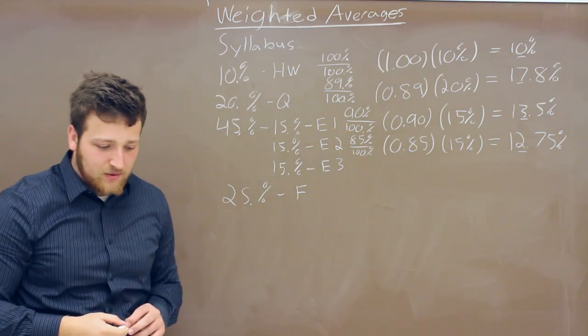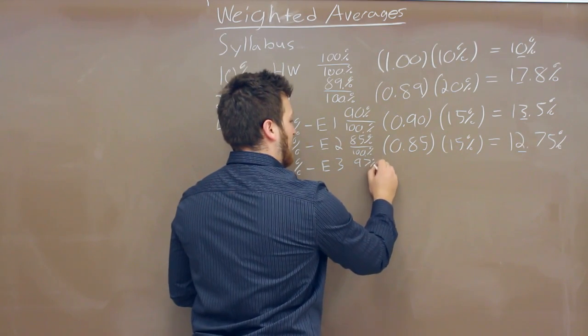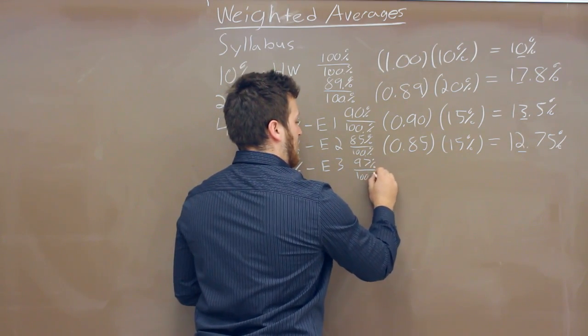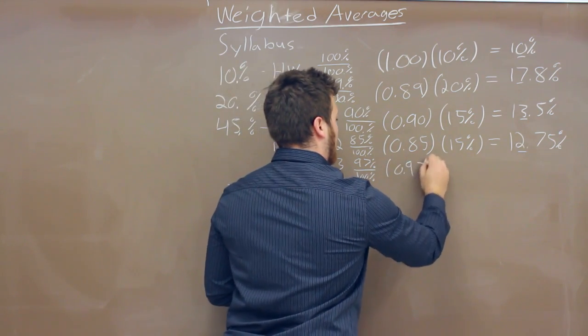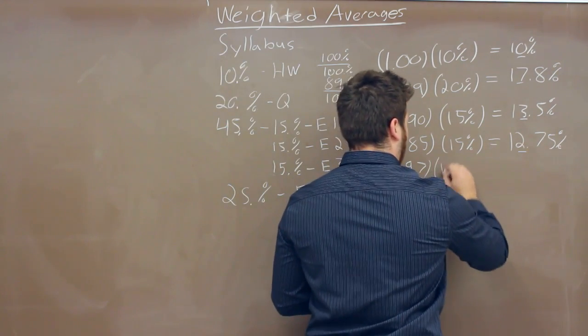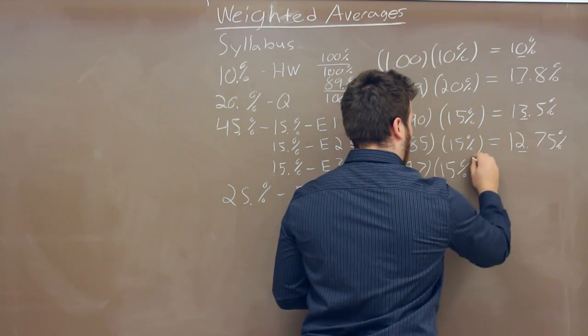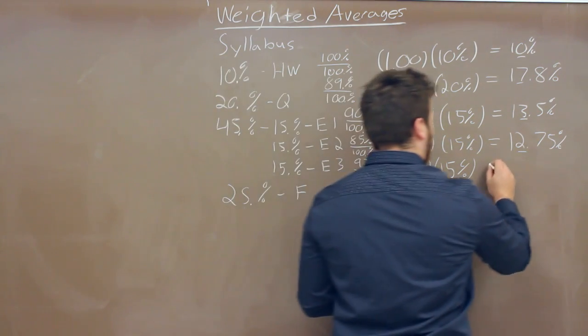For the last exam, we'll say they studied really hard and received a 97%. So they will receive 0.97 there, times the 15%. And that should give them a percentage of 14.55%.